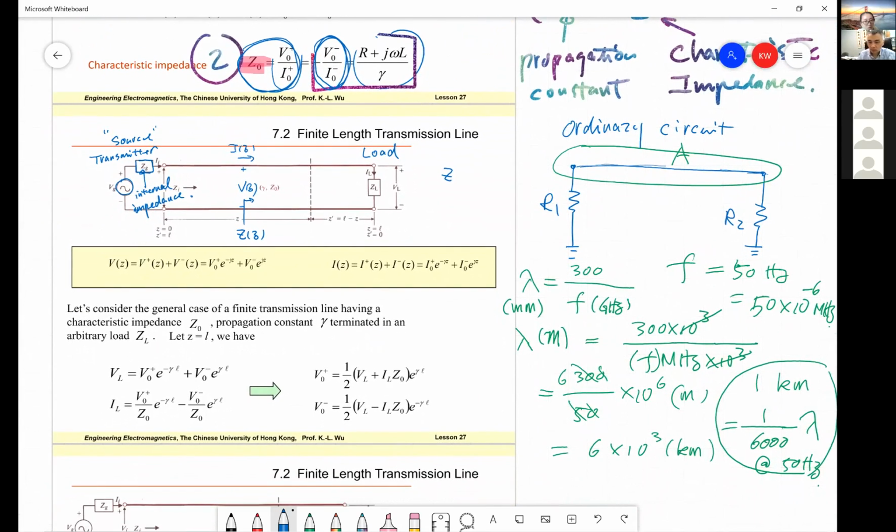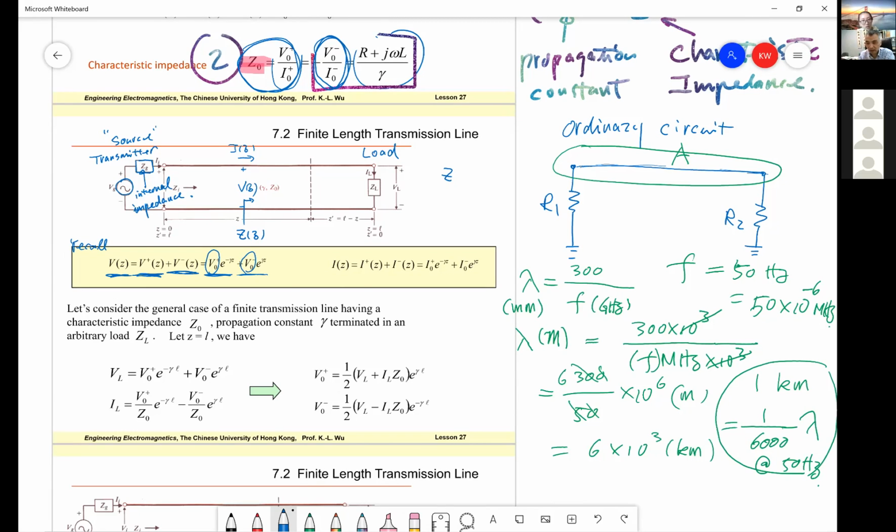Now we recall what we have. We have the total voltage at any location, a superposition of a positive traveling wave and a negative traveling wave, which is mathematically represented by exponential functions, with the propagation constant in general complex, and with a magnitude that we need to determine.